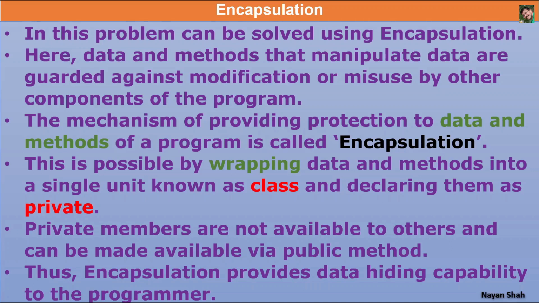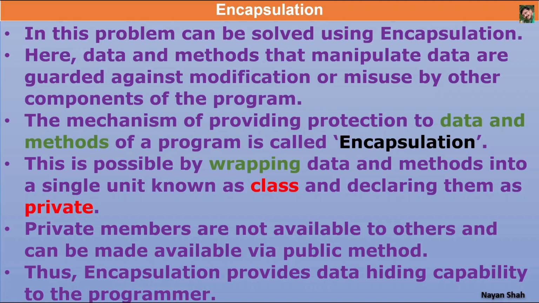In encapsulation also, we wrap the important data, that is all the data and methods, attributes and behaviors, in a class, and then declare that class as private so that it cannot be accessed by anybody from the same program or other programs. Private members are not available to others and can be made available only via public methods.